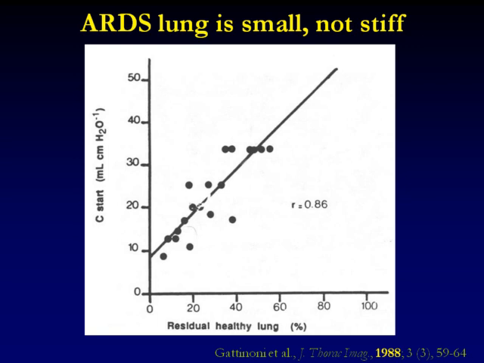Now, what do we do once we have an available, safe, and accurate measurement of the end expiratory lung volume? Well, first of all, we should keep in mind that the ARDS lung is rather small than stiff. This is compliance of ARDS lungs plotted against the amount of residual healthy lung, that is the amount of lung that we see aerated in ARDS.